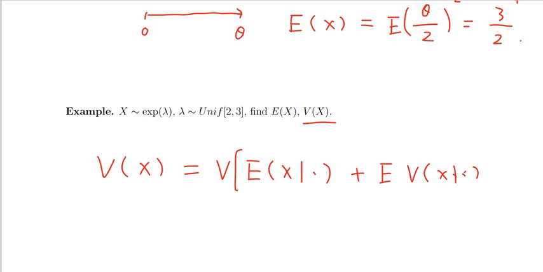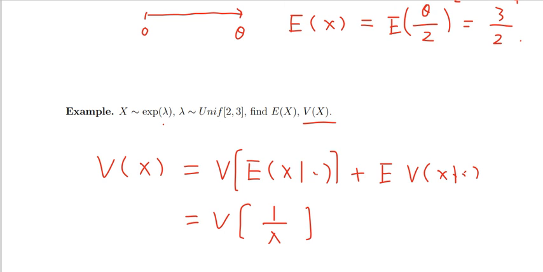For this one, we find the expectation first, letting the parameter lambda be fixed. If x follows an exponential distribution with parameter lambda, the expectation is 1 over lambda, right?